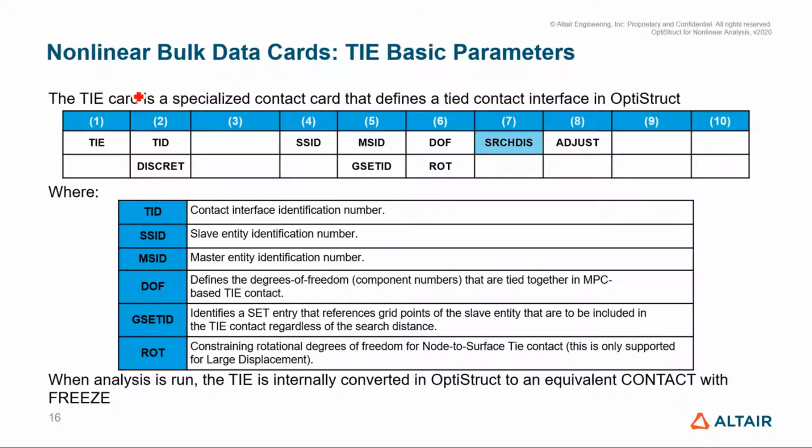The only difference is, if you define it as tie, we will actually convert it internally to a contact that is similar to freeze contact. Tie is actually from another solver, from Abaqus. But if you define tie here as well, we actually convert it internally to freeze contact. So it's basically the same thing.